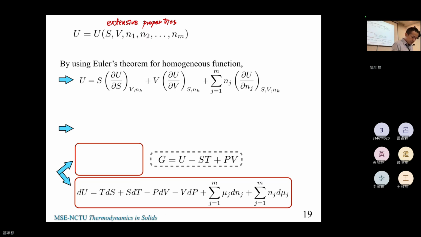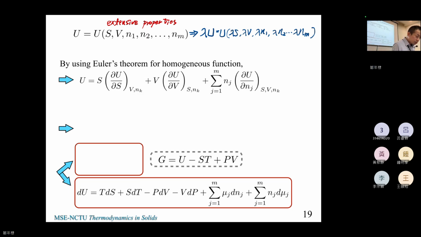Which means that if you multiply by a multiplier like lambda, so lambda U equals U of lambda S, lambda V, lambda n1, lambda n2, lambda nm.